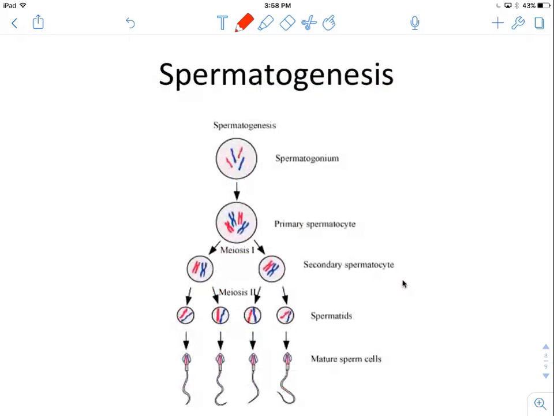In males, production of sperm is called spermatogenesis. So this is what's happening in the testes. Don't worry about all these fancy terms on the side. Basically, just watch. We have a spermatogonium. It undergoes DNA replication, okay, to produce a spermatocyte.